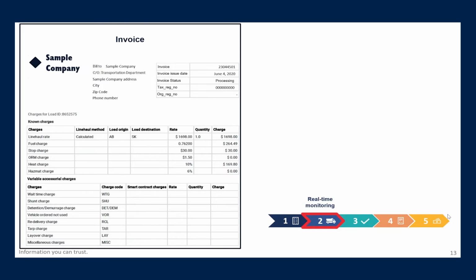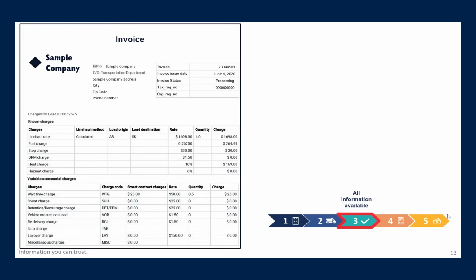In step two, as the shipment begins to occur, the service provider is now moving across the roads delivering this shipment. At this point, the IoT data and GPS tracking is being used, and carriers will be submitting additional billing charges from their TMS. If we continue through our process steps, in step 3, we can see that the IoT data has been received, and the carrier is now automatically billing.